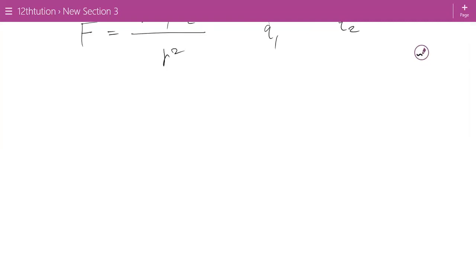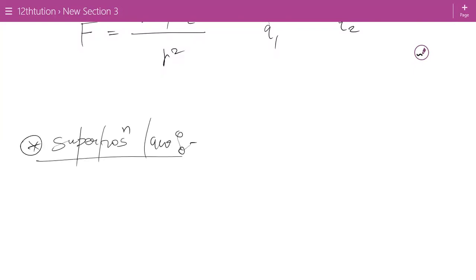Now that was about point charges. That Coulomb force is due to point charges only. But there are extended charges also in nature, not only point charges. So what if there are multiple charges? That is called the superposition law.